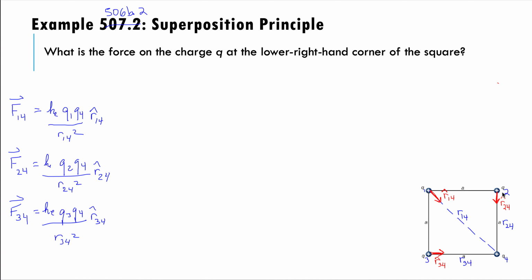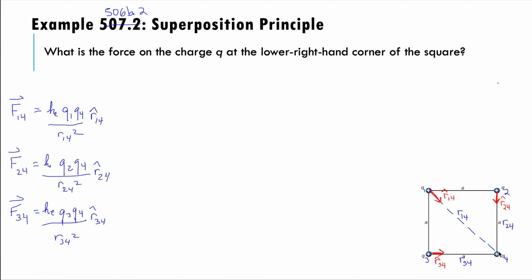We have four identical charges at the corners of a square, and I've numbered them 1, 2, 3, and 4. What I've also done is I've labeled the distances between each charge and charge 4. We're trying to find a net force on charge 4. We know that like charges repel, so this charge 4 is going to experience three different forces.